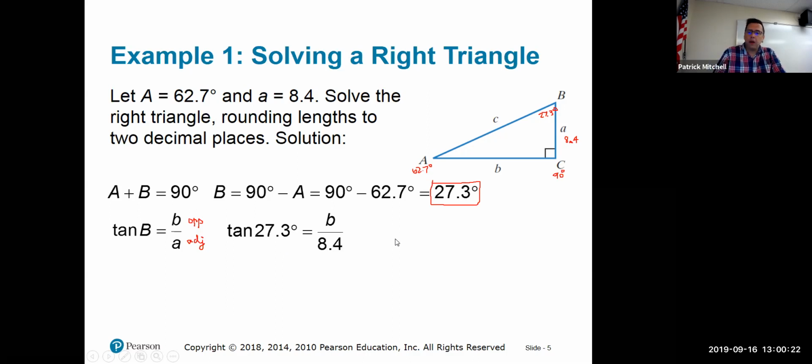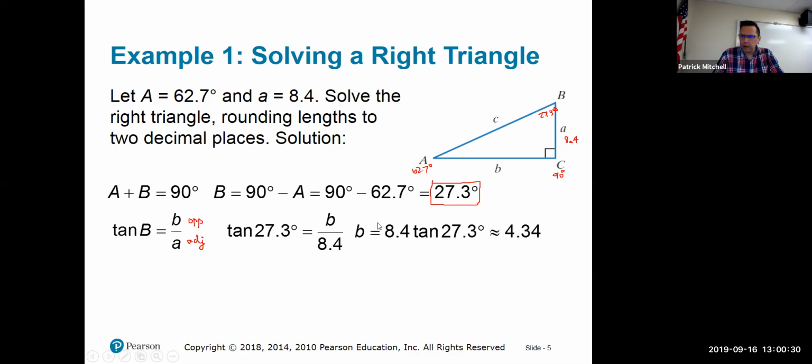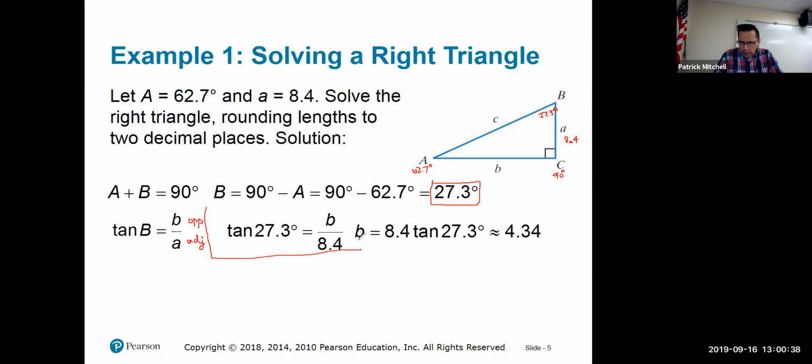I multiplied both sides of this equation by 8.4, and that got rid of the 8.4 on the bottom and brought it over here.